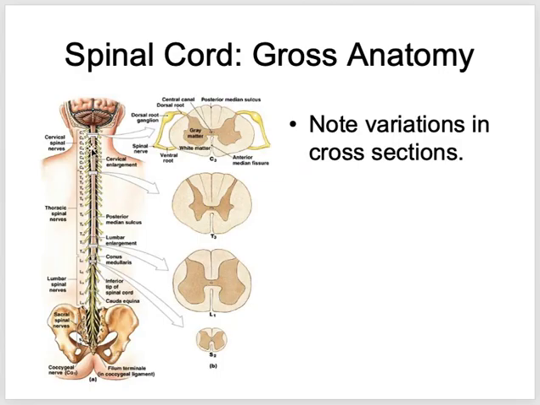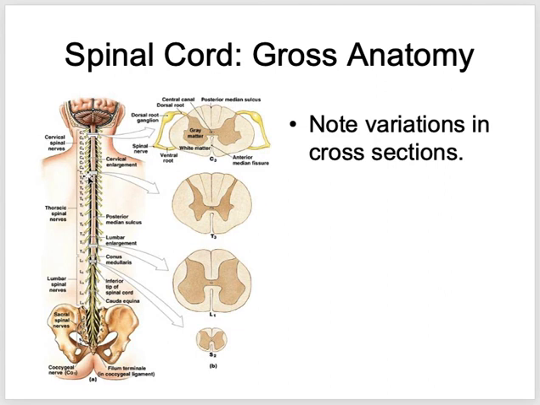And basically, we number the spinal nerves or the nerve roots based on where they come out. See C1, C2, C3, C4, C5. Remember, there are 7 cervical vertebrae, but there are 8 cervical nerves: C1, C2, C3, C4, C5, C6, C7, C8.